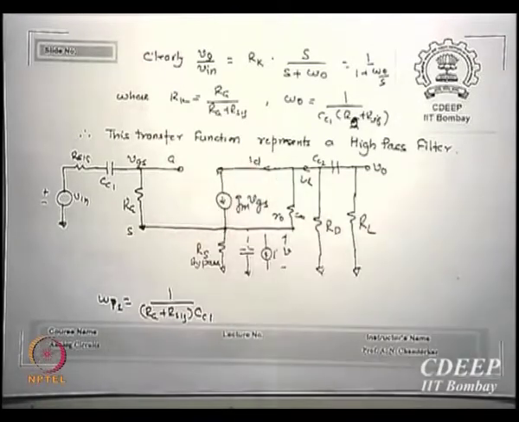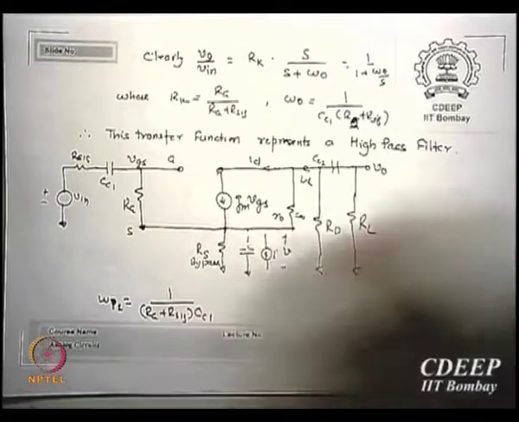The impedance of CS, 1 upon omega CS, is comparable with RS, so RS cannot be neglected, but if that is equivalent to 0 then we say RS is shorted. Is that clear? So at low frequency RS must be considered. At low frequency CS is not shorting, at high frequency CS shorts and therefore RS shorts across.